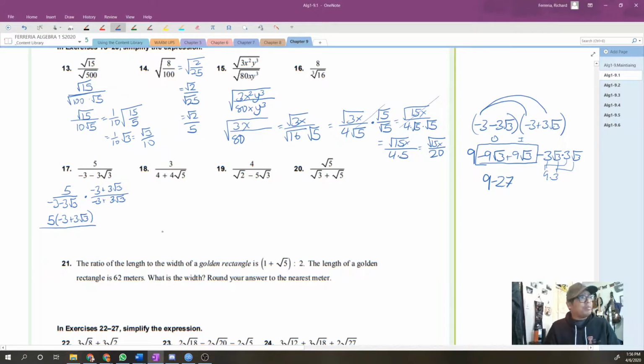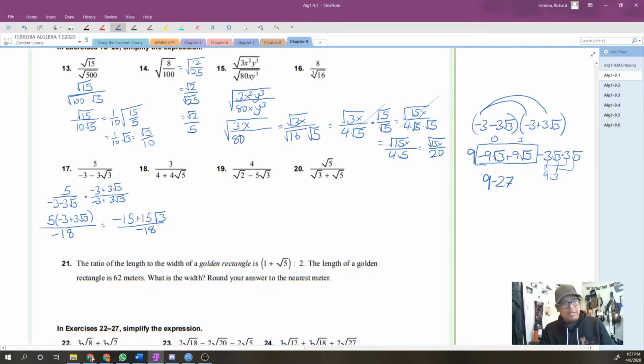Negative 18. Okay, the last thing that you need to do here is just to distribute that numerator. So that's negative 15 plus 15 radical 3 on top of negative 18. All right, so there it is.